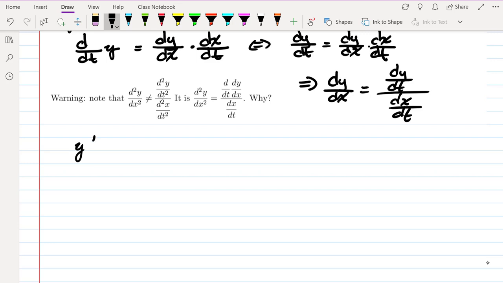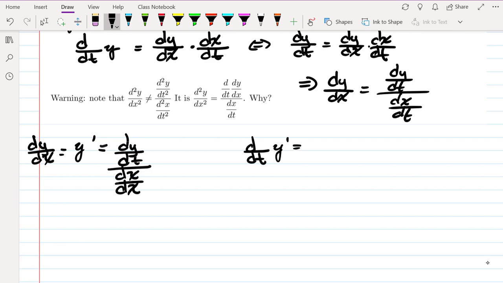So if we have y prime is equal to dy/dt over dx/dt, which is the same thing as dy/dx, if we go ahead and take the derivative again, so we have d/dt of y prime, well, that's going to be dy prime/dx times dx/dt.